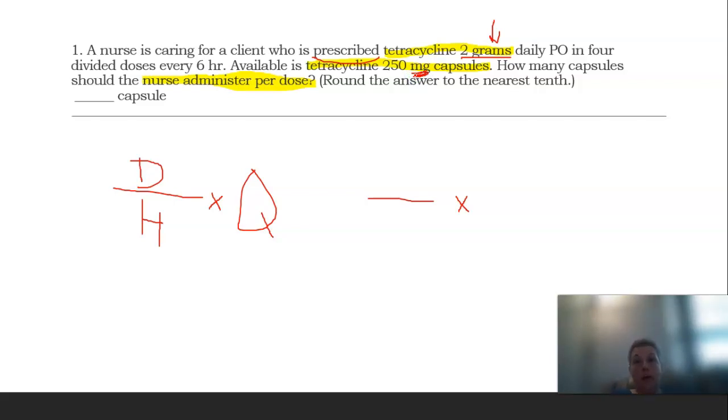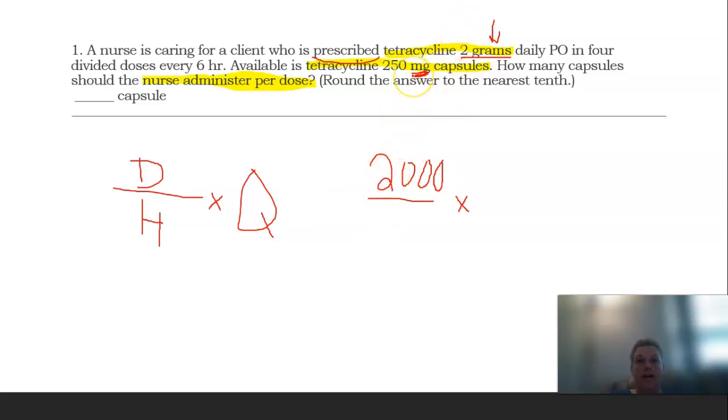So if I thought about it in 2 grams, I add 3 zeros to it to turn it back into milligrams. So I put 2,000 on top for 2 grams.